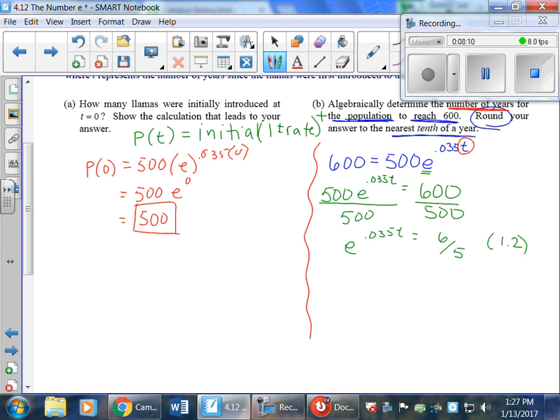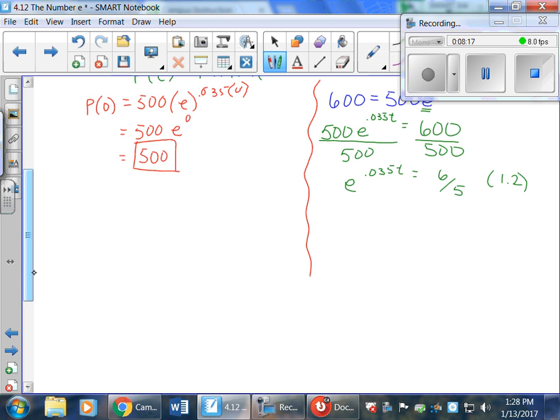All right, so now the only way that we can solve for t in our exponent is to log both sides. So if I take the log of both sides, I get log of e to the 0.035t is equal to the log, and just for ease of calculation, let's use 1.2.